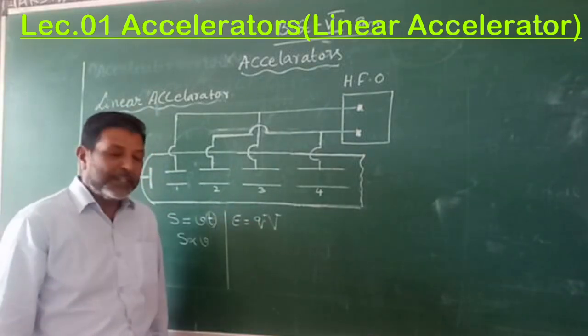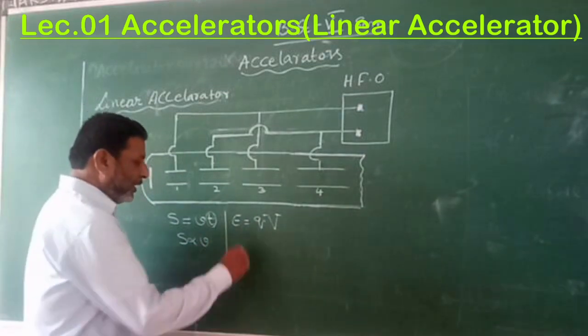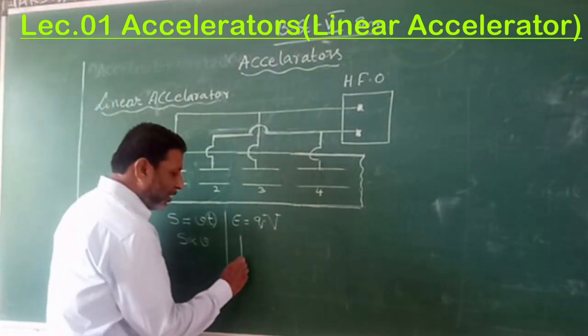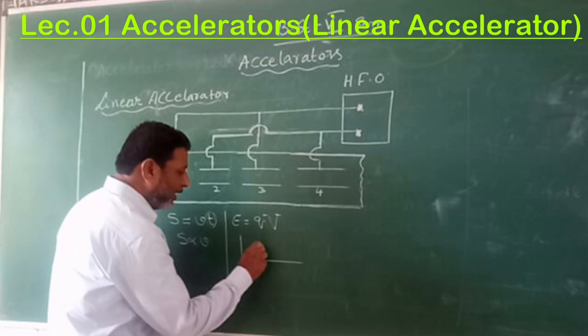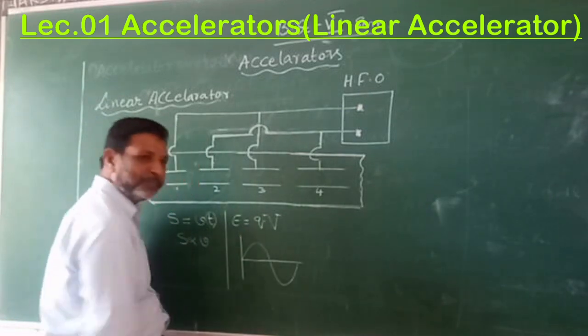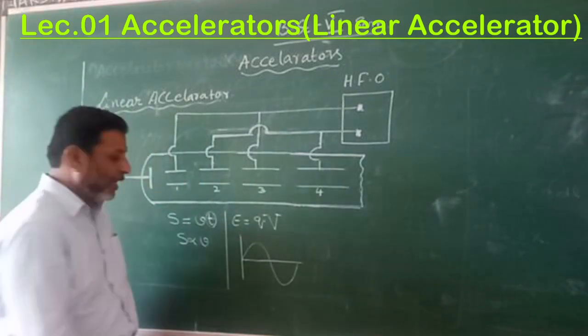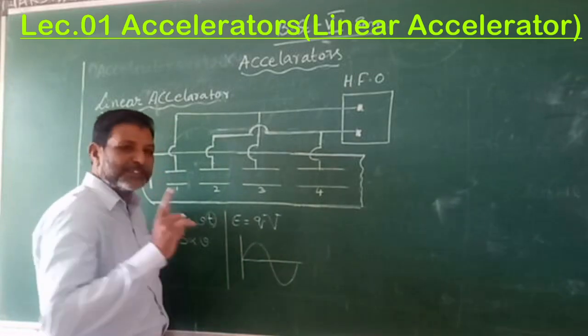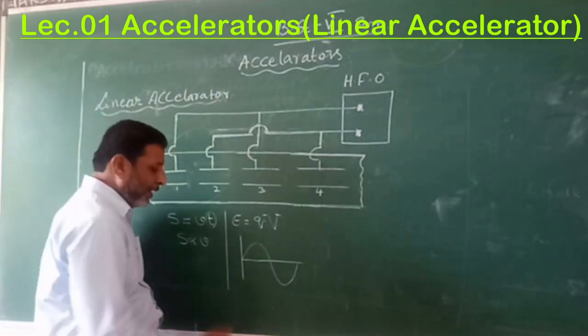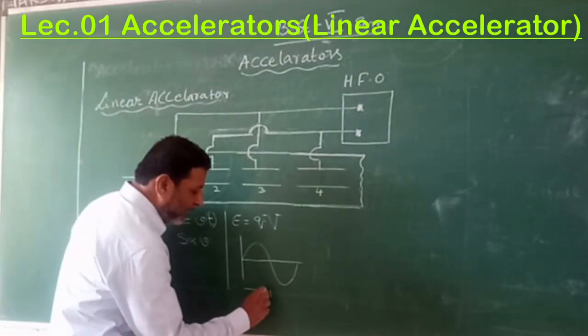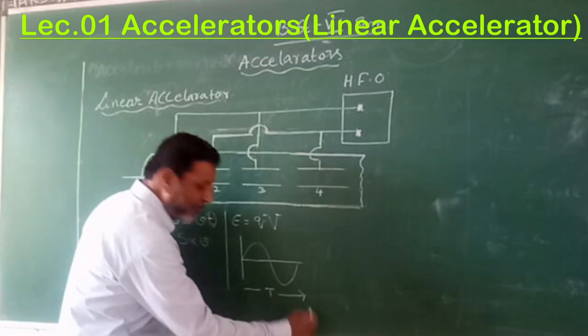The next, third point is the nature of AC. This we call one cycle. Time taken to complete one cycle is the periodic time, isn't it?